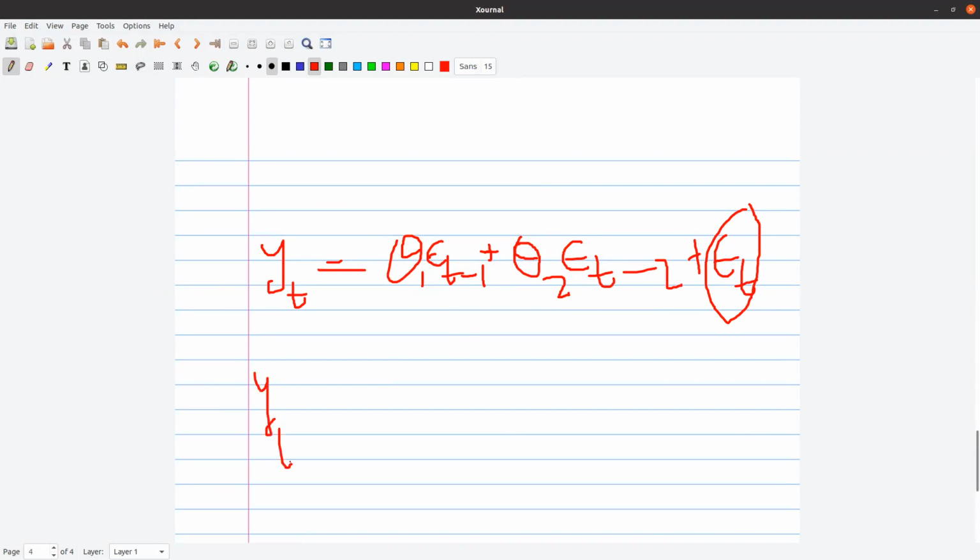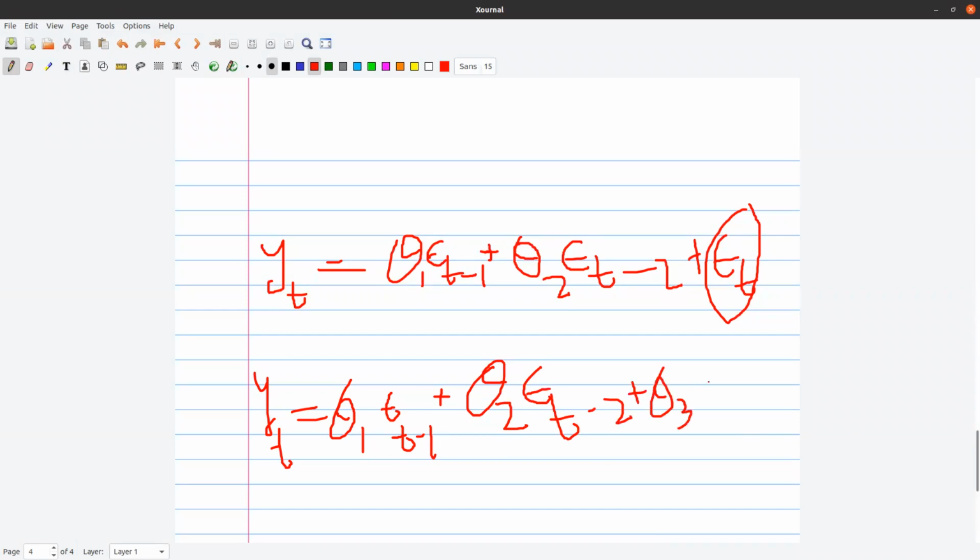It should be yt equal theta 1 epsilon t minus 1 plus theta 2 epsilon t minus 2 plus theta 3 epsilon t minus 3 plus epsilon t.